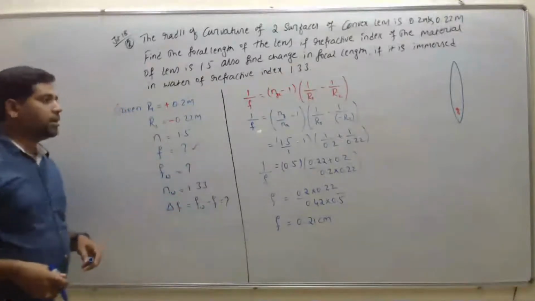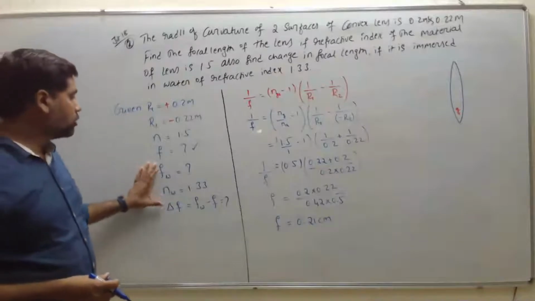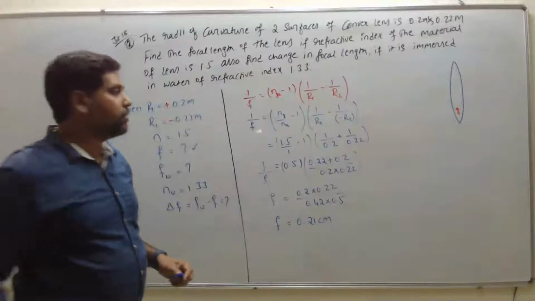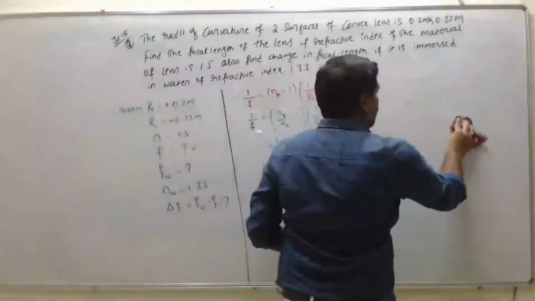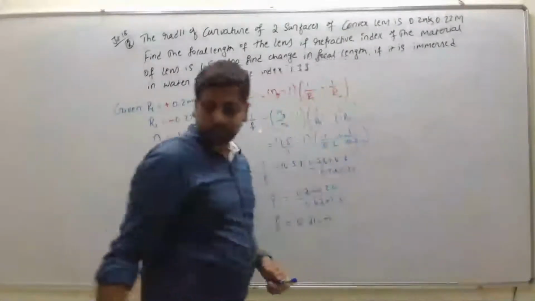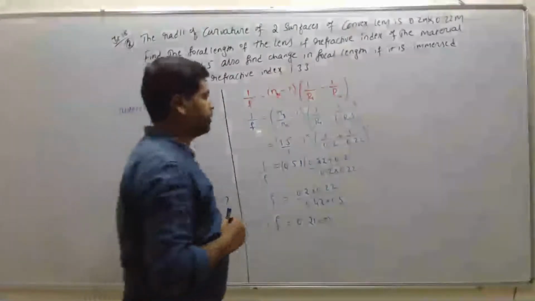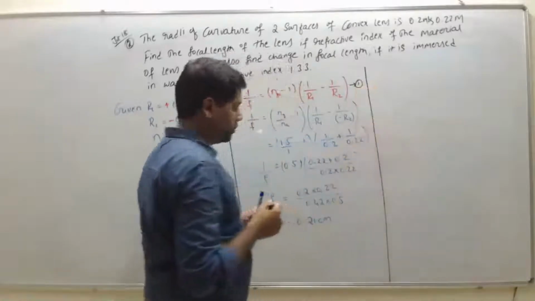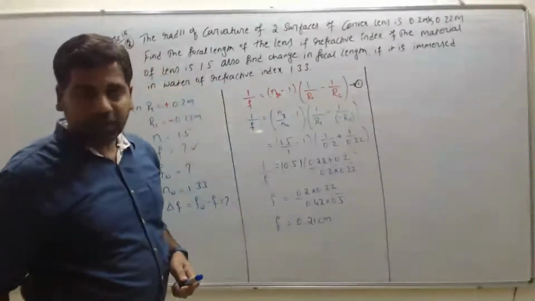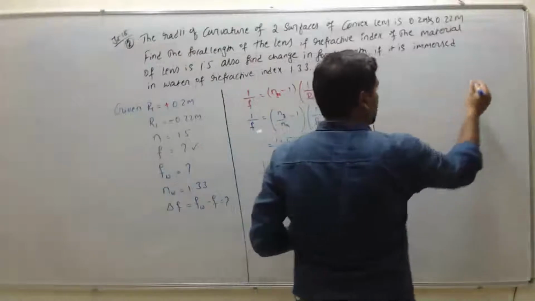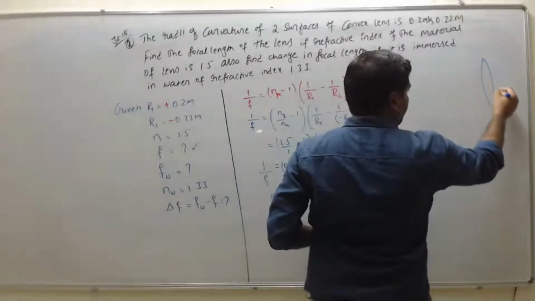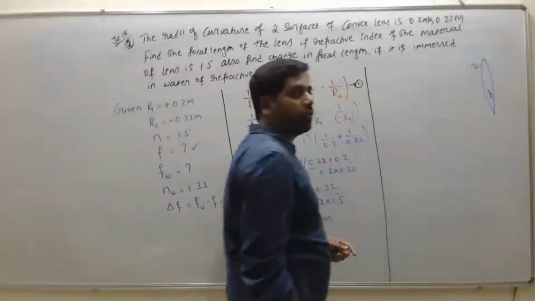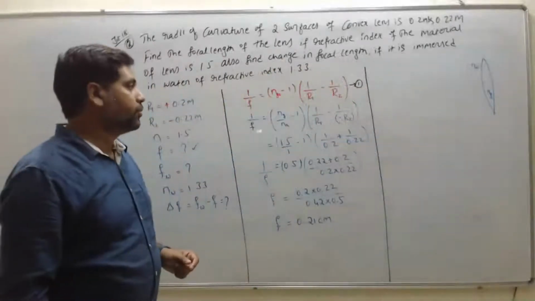So we calculated F. Next, we move on to find the change in focal length, that is when the lens is immersed in water. This is the first equation, that is in air medium. If the same lens is placed in water medium, so here is the refractive index of water and here is the refractive index of the glass.